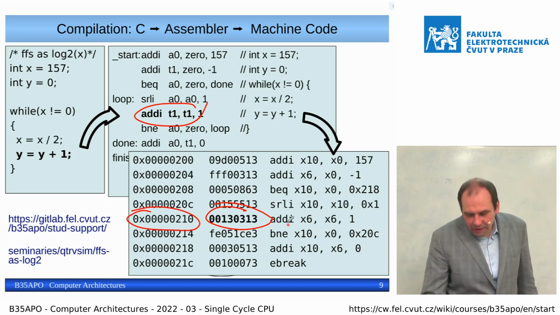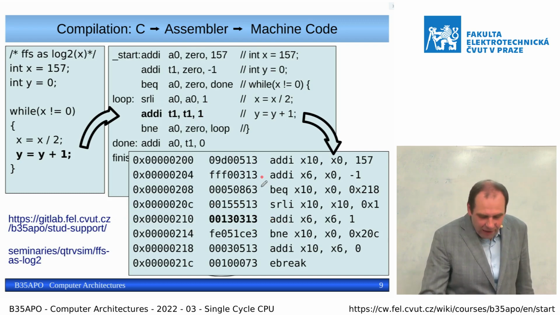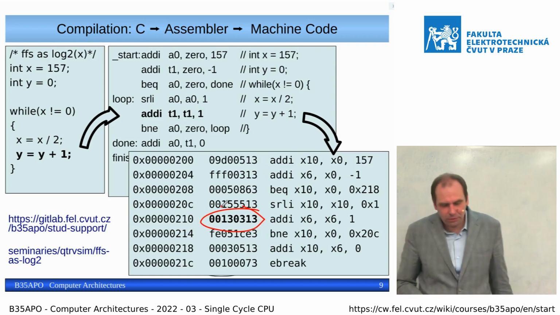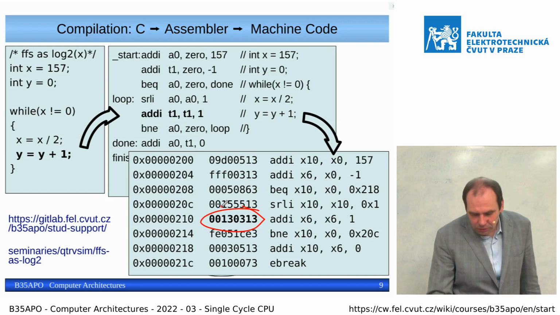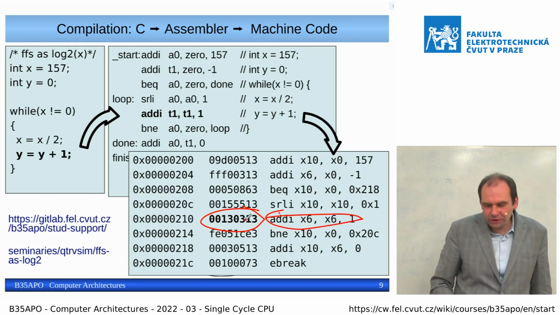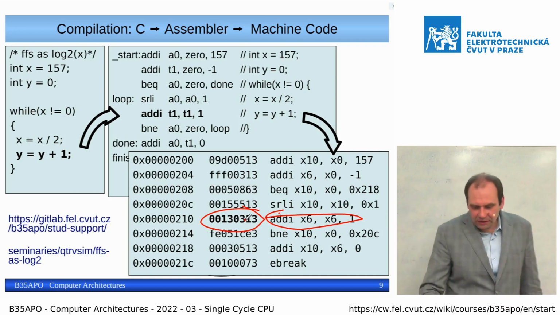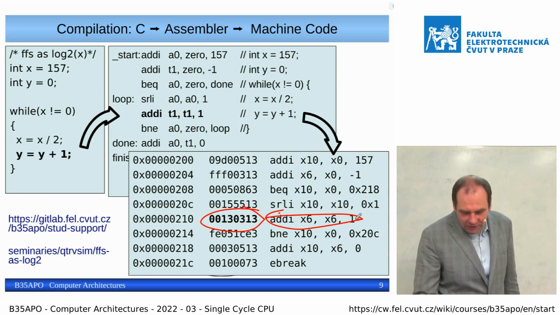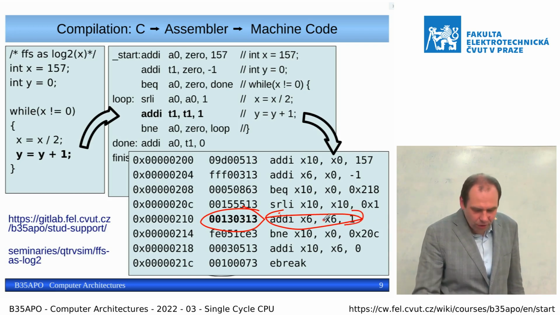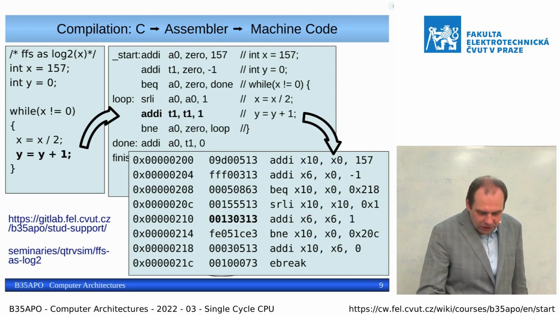And because it is hard to read the values and convert them to the actual instruction, it is usually useful to have some debugger or some tools which show the instruction in memory as already decoded, so that you know what the operation is and so on. You can see another change here.